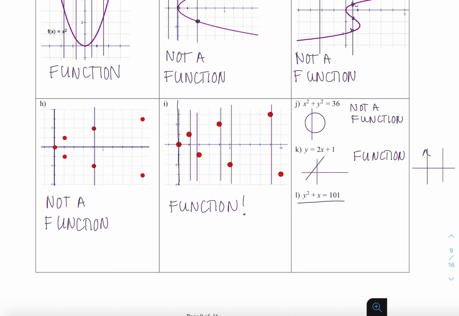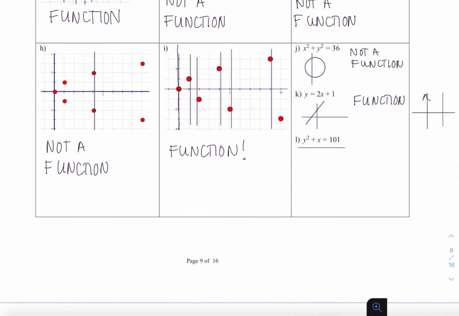Now, this last one is interesting, and it's a bit hard. So I wanted to do it as an example, but basically I want to see if there's only one y value for each x value. I can prove to you that this is not a function by giving you a counterexample. So let's try subbing in a point, any point really, for x, and let's see how many y values we get when we sub that in.